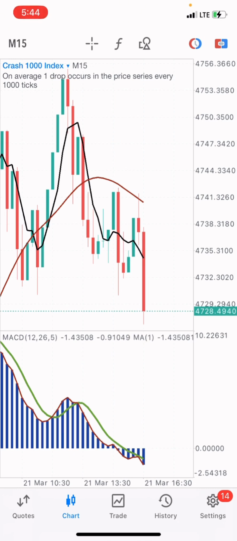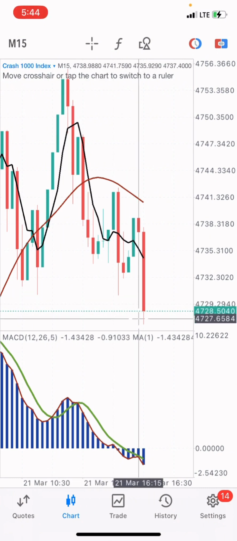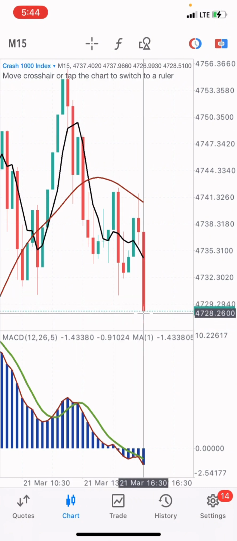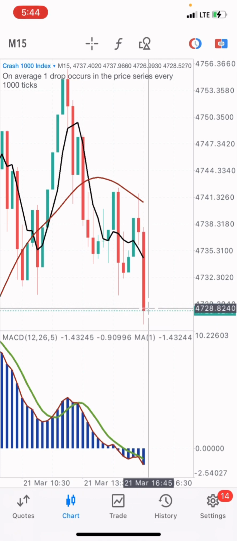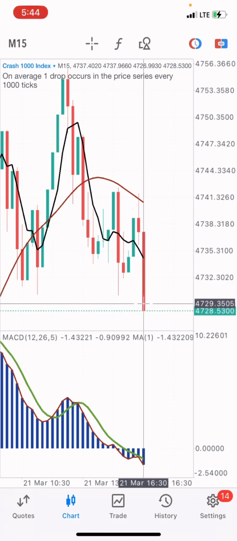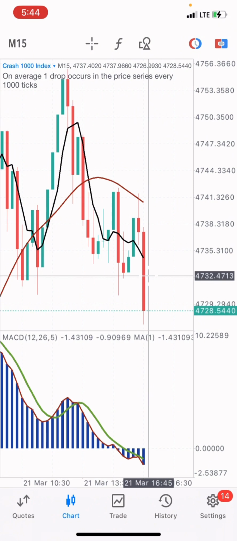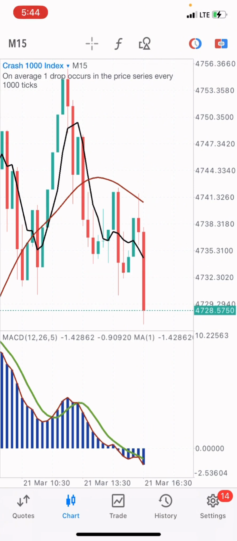And it's closing with this much rejection. That means right now sellers are pushing in much effort into the market. Okay, so it just might continue like that, but I don't know how long it will go. So I'm just going to skip this guy. I'm not going to make any entry.